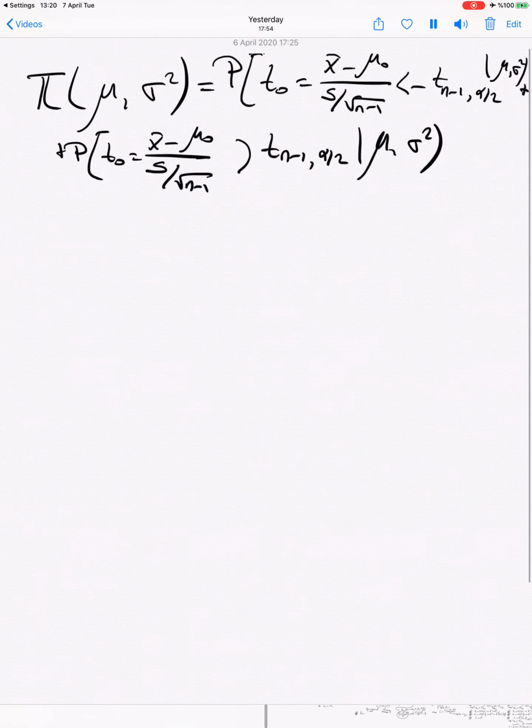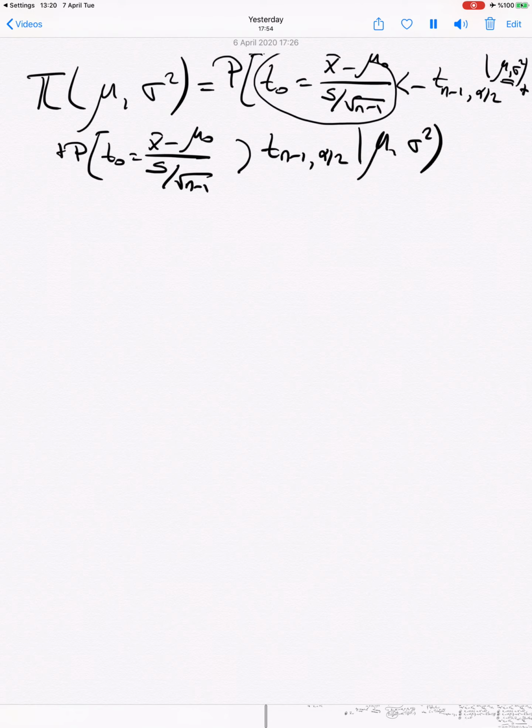Okay, so under this condition, we have to define the distribution of x bar minus mu 0 over s over square root of n minus 1, where our true mean and variance are mu and sigma square. So here we have to define a different distribution. You don't know the distribution yet.